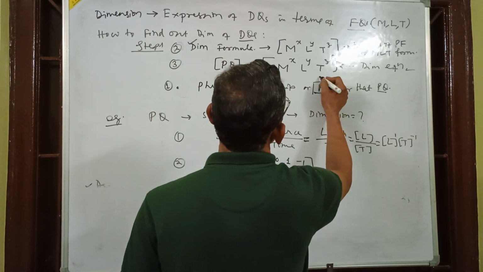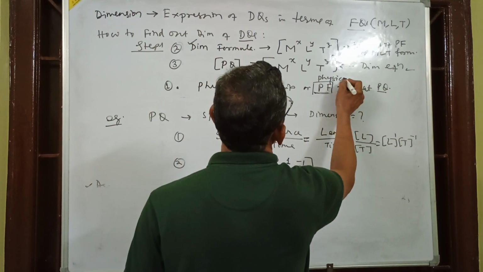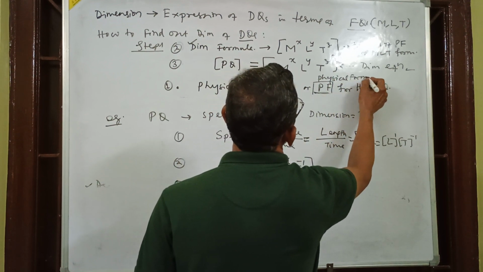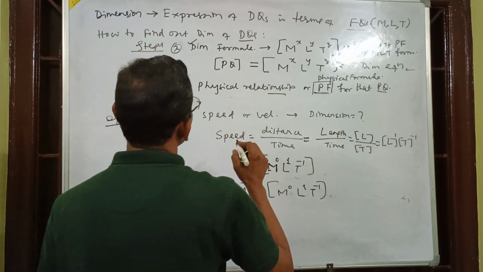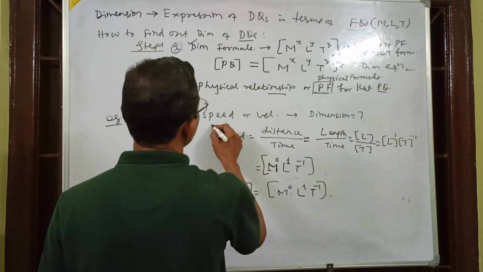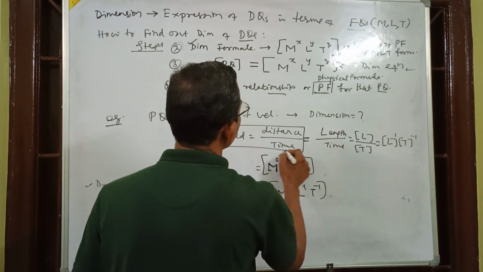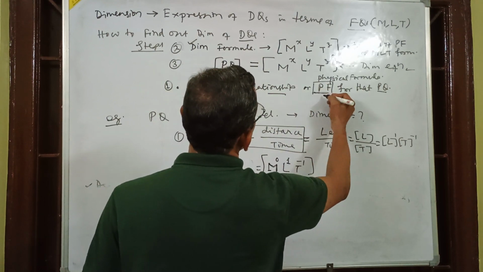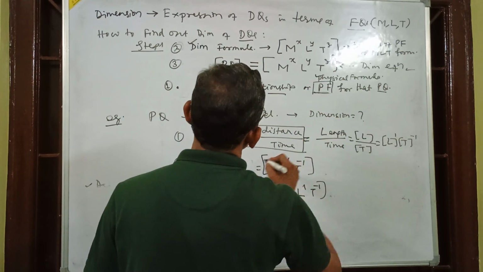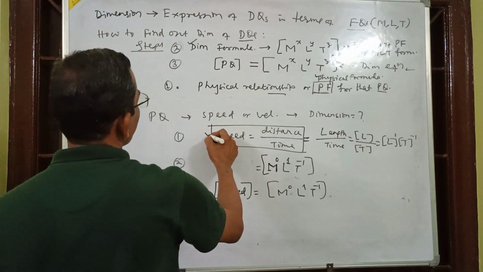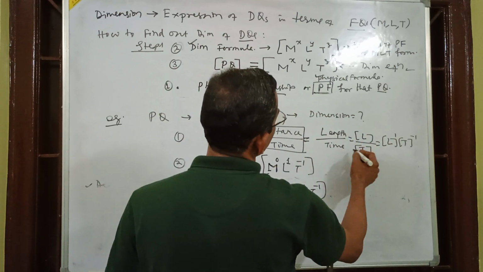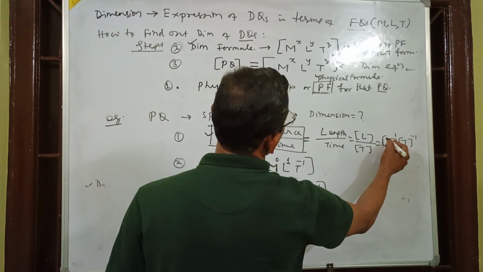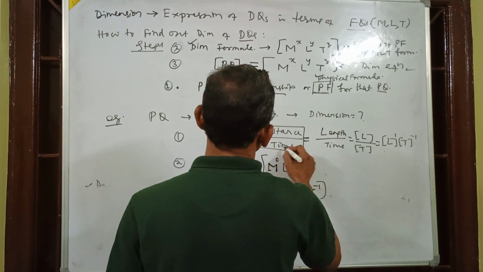This is the physical formula of that physical quantity, like speed is equal to distance upon time. The next step is to convert the physical formula in terms of MLT form. This is our conclusion.